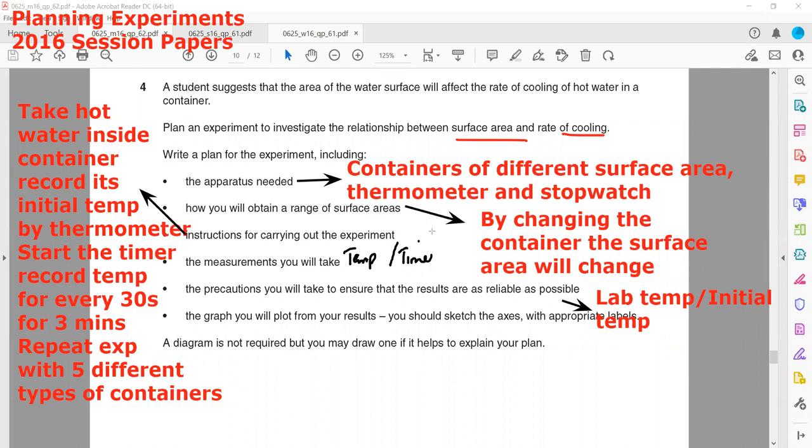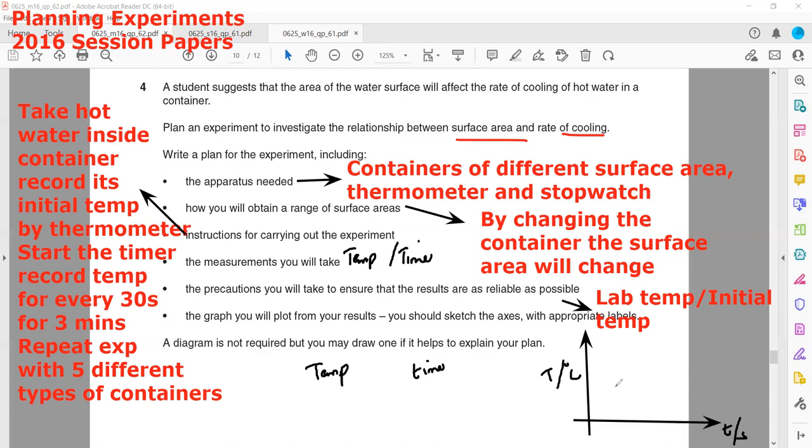The graph you will plot from your results: you should sketch an axis with appropriate labels. Look, there are two quantities which we are measuring, temperature and time. So time will be on the x-axis and temperature in degrees centigrade should be on the y-axis.